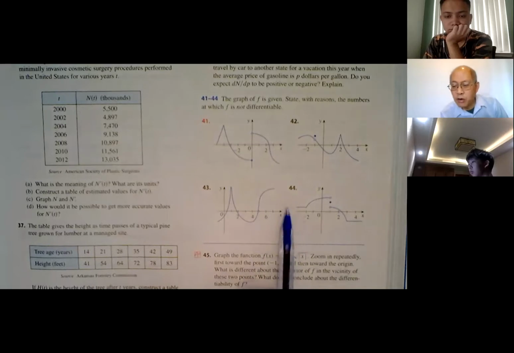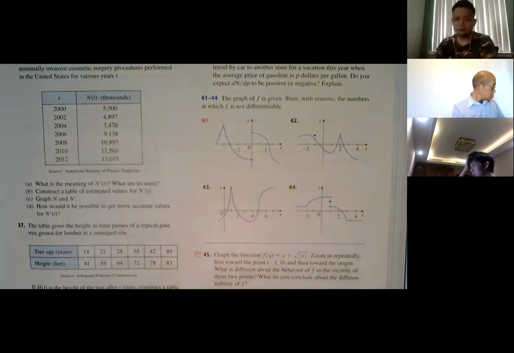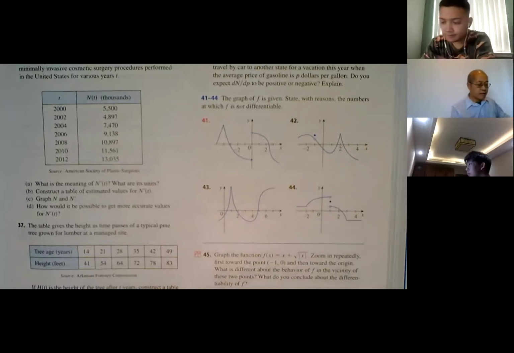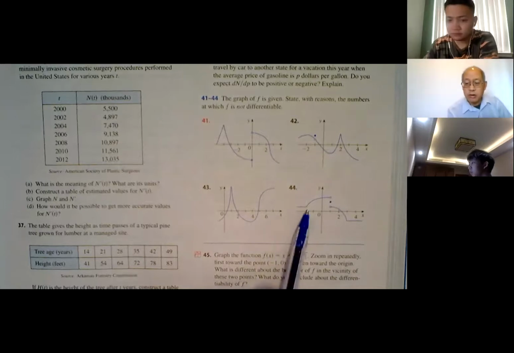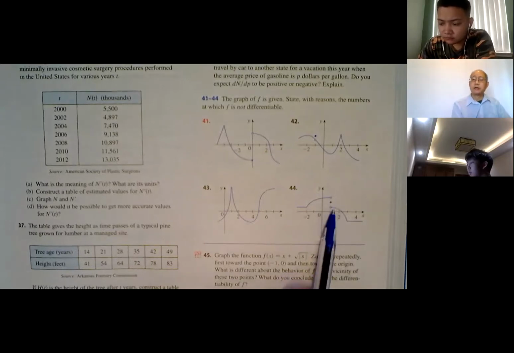Okay, finally 44. So where's the function not differentiable? Well, at negative 2. What's happening at negative 2? Corner point. And then at x equals 1, discontinuous, not continuous.